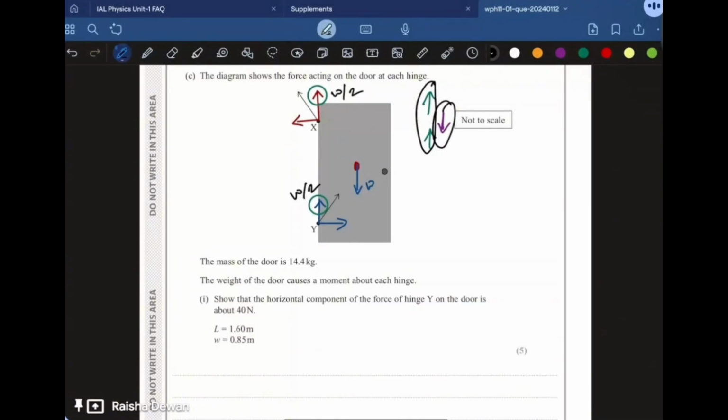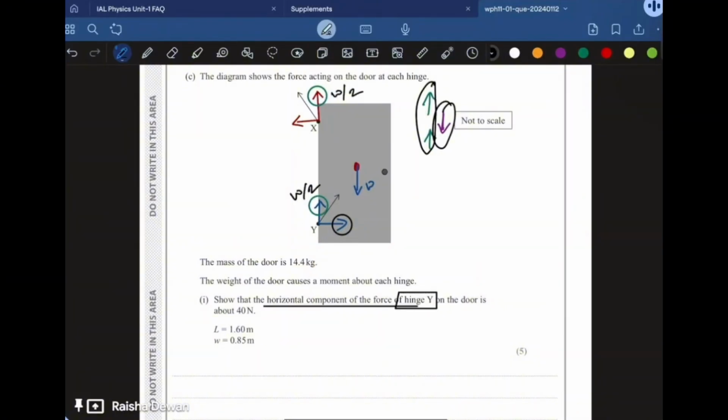Because the whole weight has been shared by the two upward components of the hinges X and Y, as both the vertical components are in the upward direction and the weight is acting in the downward direction on the door. Now the question they have asked us about the horizontal component of the force of hinge Y.